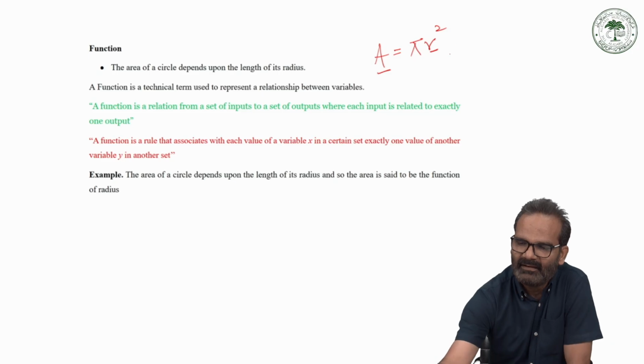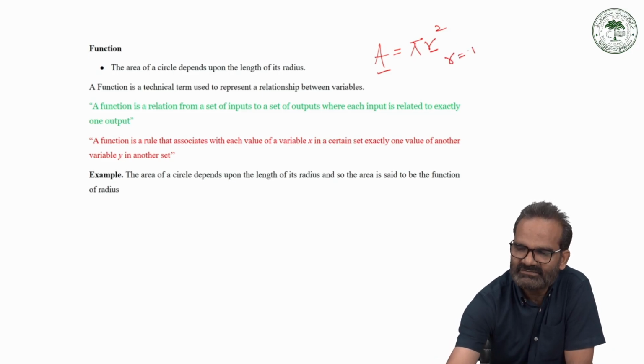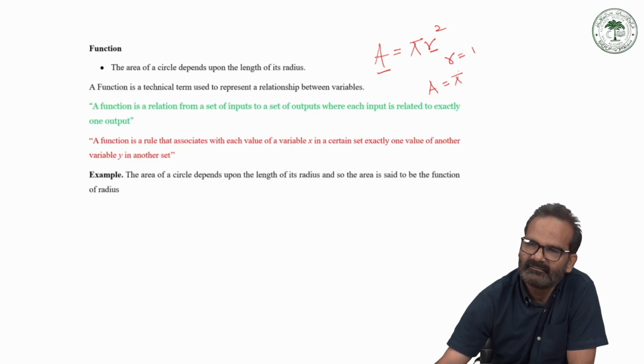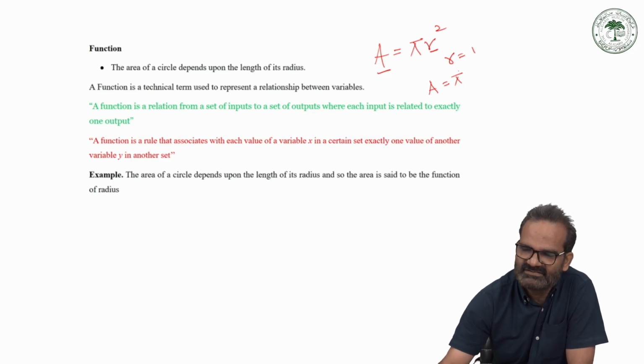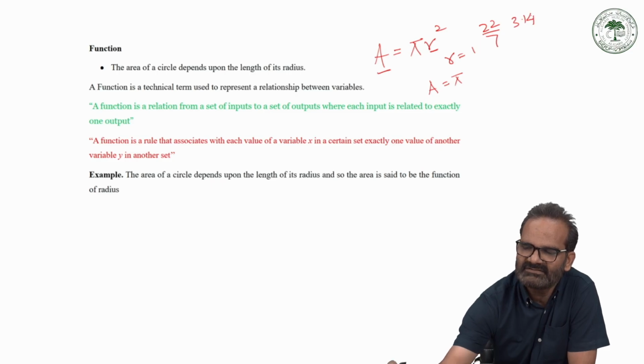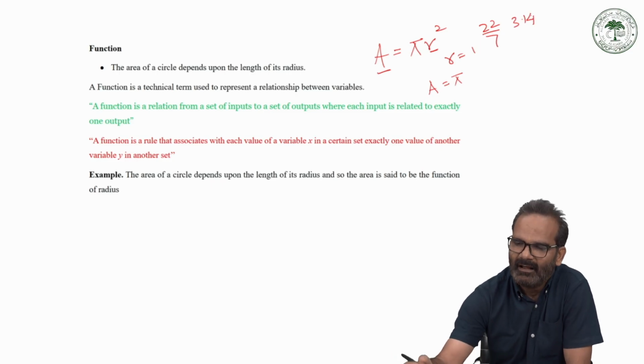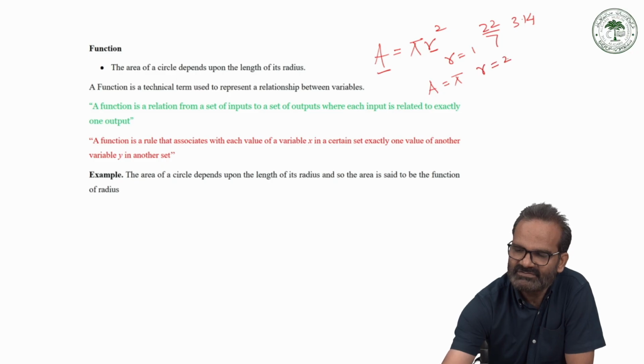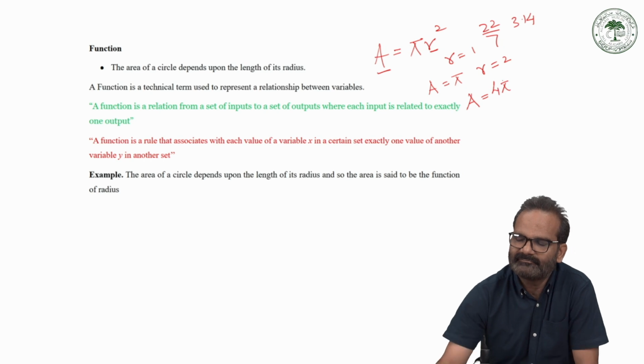For example, if we take r equals 1, then A will be equal to pi, right? Pi is a constant, whose value is either 22 by 7 or 3.14. If we take r equals 2, then the area will be 2 square, meaning 4 pi.